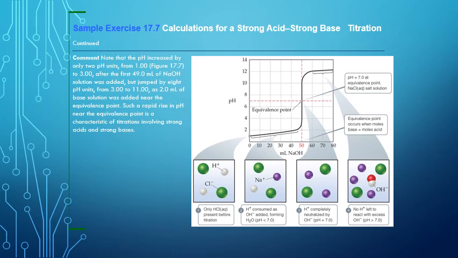And then as we go on, you have the extra OH minus that's been added into the solution, causing the pH to rise above 7. So again, just wanted to illustrate that, especially the first 49 milliliters of the base being added. You had only an increase of 2 pH units versus the final 2 that we added, causing it to jump 8 pH units.